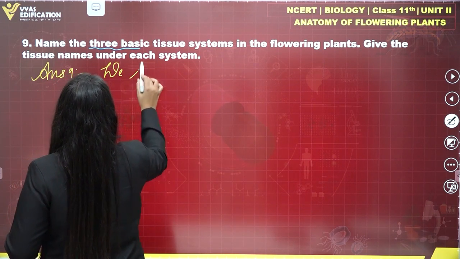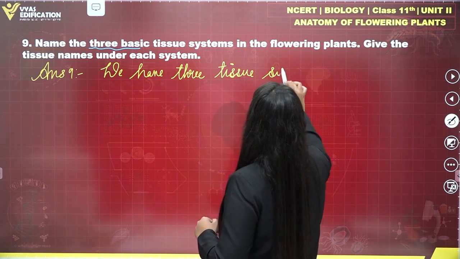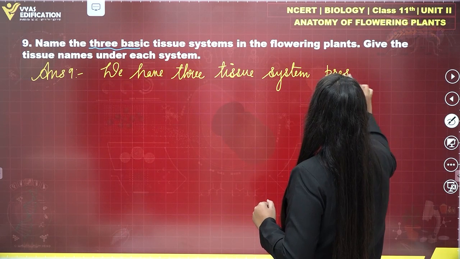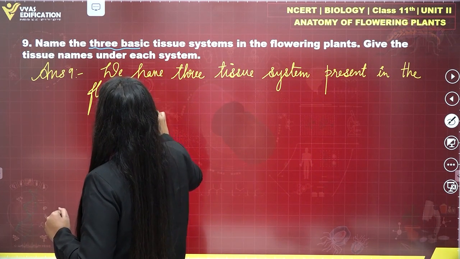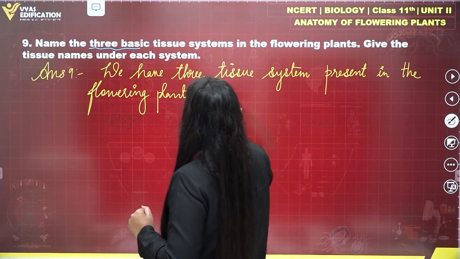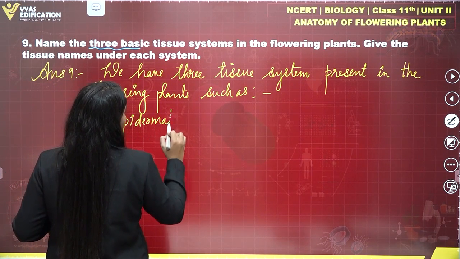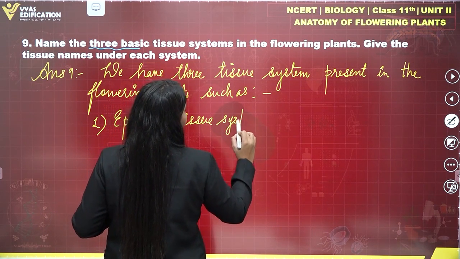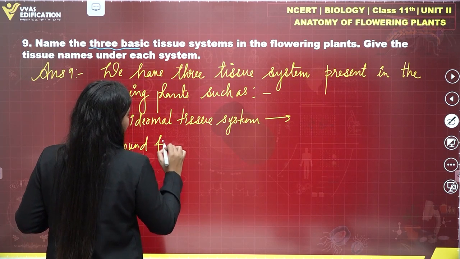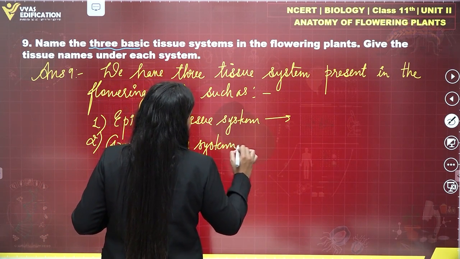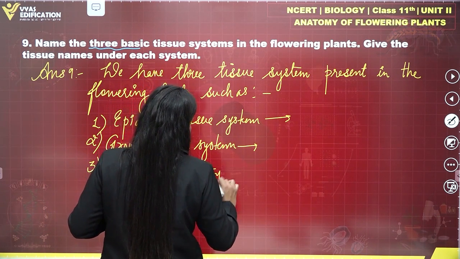So basically we have 3 tissue systems present in the flowering plants, such as: the first one is the epidermal tissue system, the second one is the ground tissue system, and the last one is the vascular tissue system.